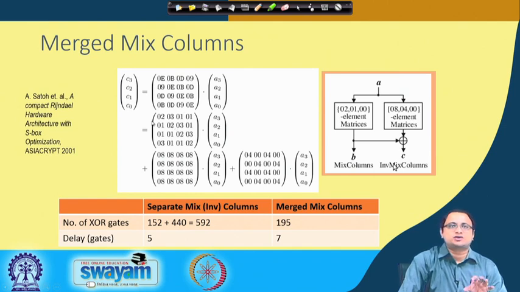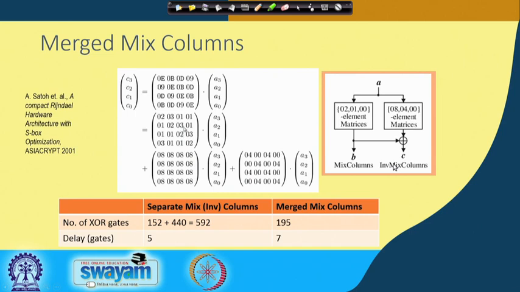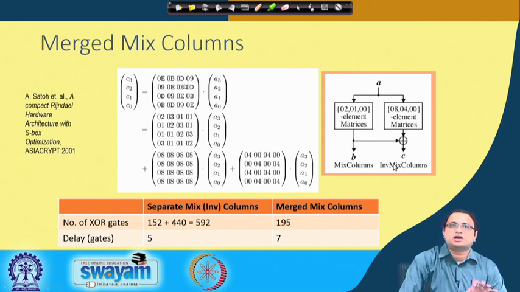In the mixed column matrix, you had nice operations like 2, 3, 1 and so on, which were easy to implement, but in the inverse mixed column, we have pretty non-trivial values like E, B, D and 9, which are not easy to implement. So how can you efficiently implement them, in particular when you already have a mixed column implemented?